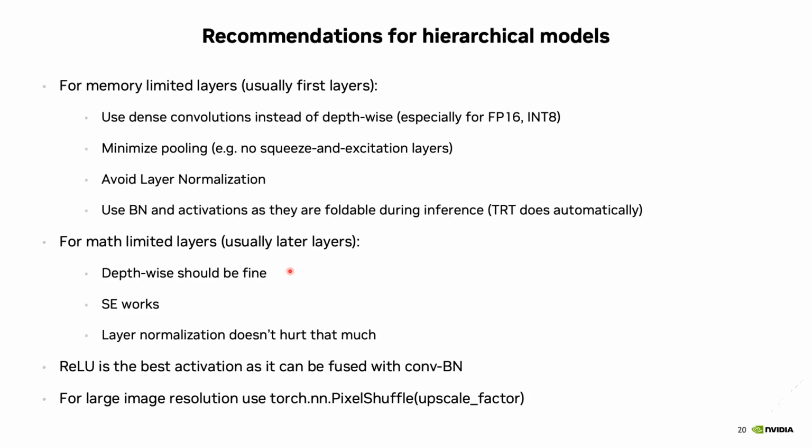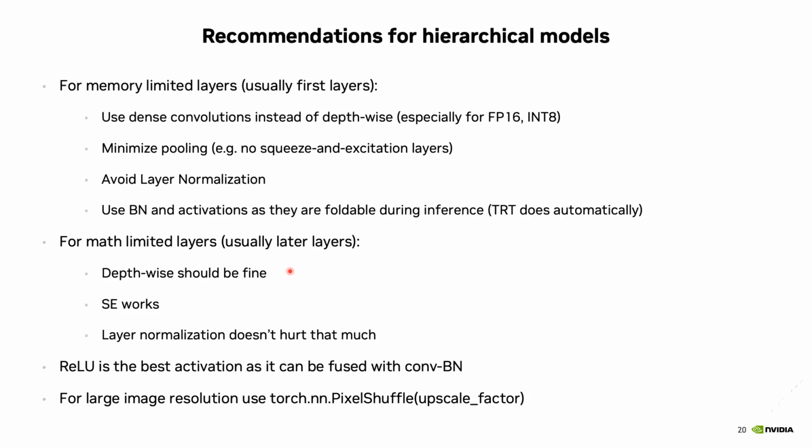One of the simplest examples is the squeeze and excitation layer, where we need to pool over the channel. We don't want to have them here. We want to avoid layer normalization, because even in inference, it's going to require computing the full tensor first. Ideally we want to use something there that we can fuse later on, like batch norm and ReLU. And it also happens that the last layers in the network are usually math limited.